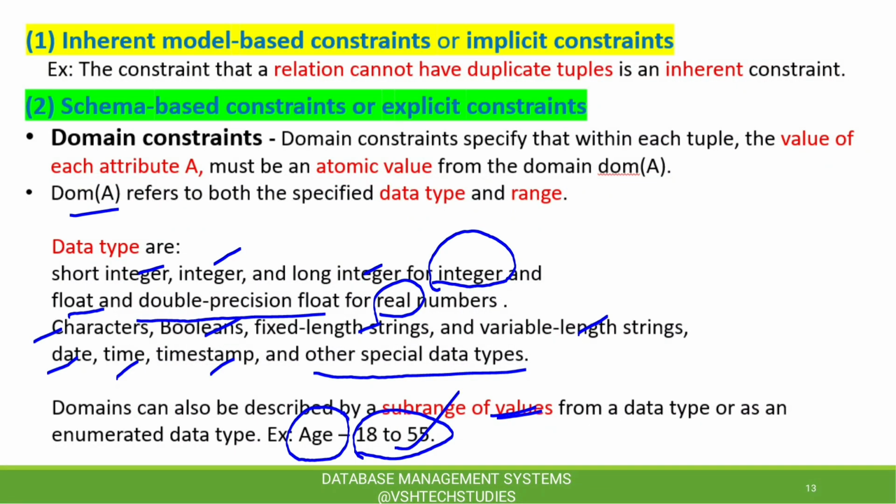Okay, that is all about domain constraints, in which a value a user can enter for any attribute in any tuple of any relation must be of the same data type specified for that attribute and must be within the range that is specified for that attribute.